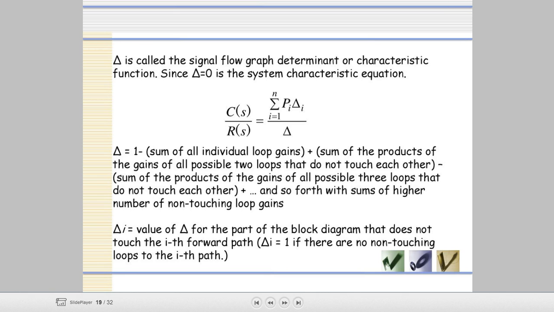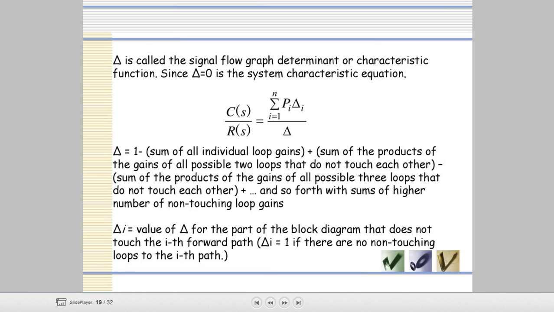We will study how to calculate delta in the problem. Delta i, value of delta for the part of the block diagram that does not touch the ith forward path. Means if we are supposing P1 as the first forward path, and I want to calculate delta 1, how am I going to calculate?